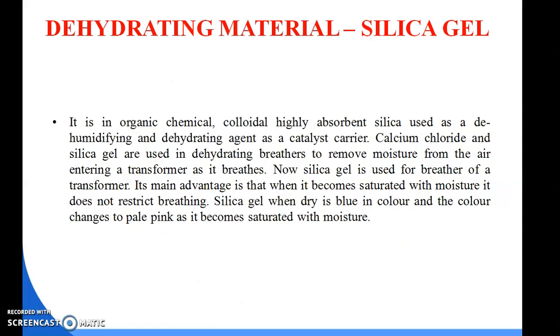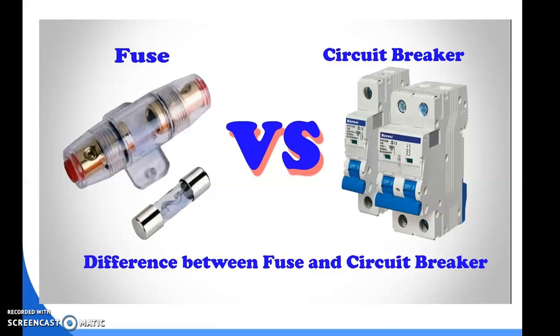Fuse versus circuit breaker. In the case of a circuit breaker, automatic tripping is possible, but in the case of a fuse, we need to replace a metal wire every time it burns out. When a heavy current flows, the metal wire will burn out, and we have to replace it every time, inserting a new metal wire.